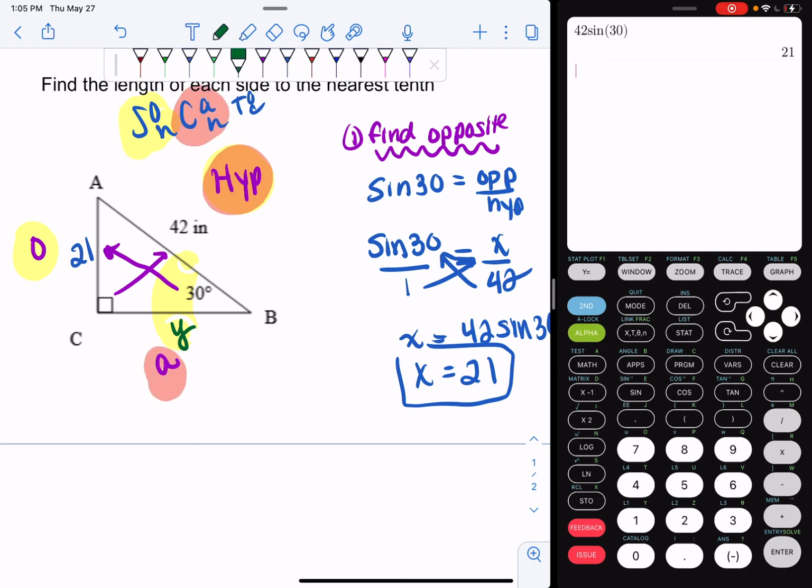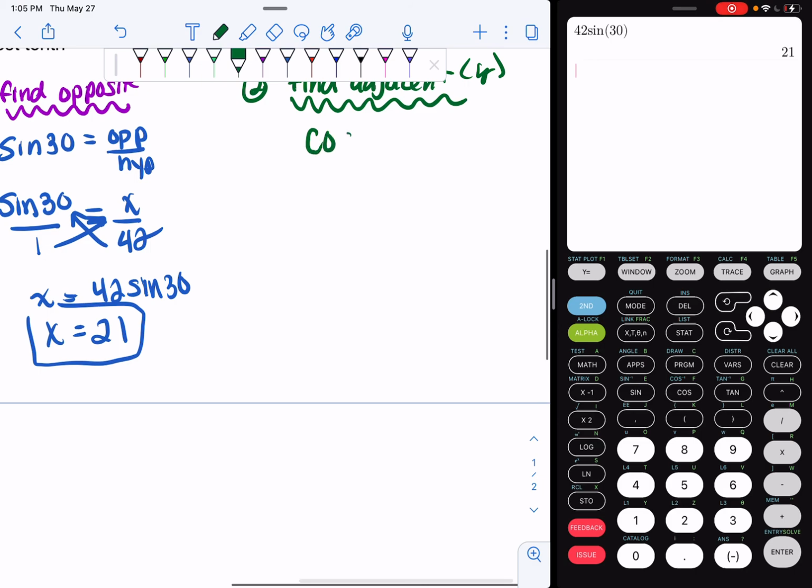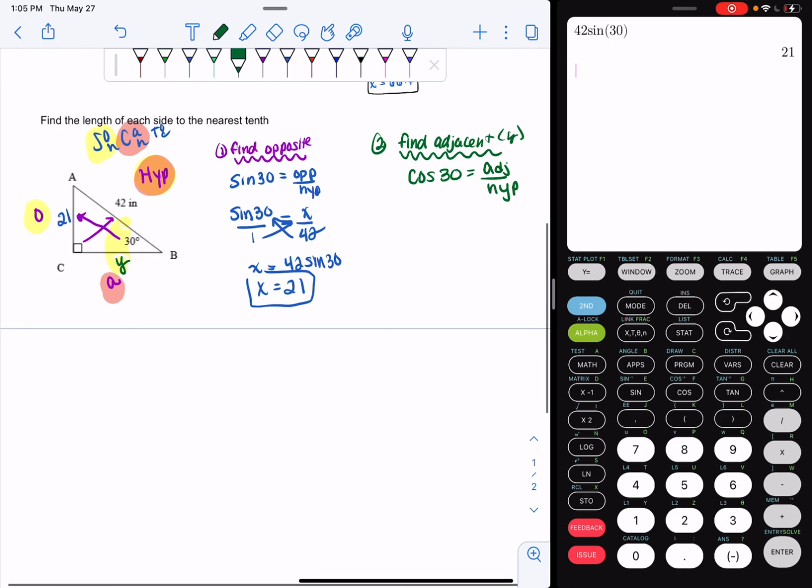So I can say cosine of 30 equals adjacent over hypotenuse. If we look, our adjacent is y and our hypotenuse is 42.